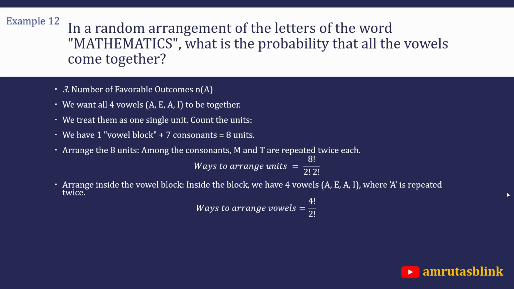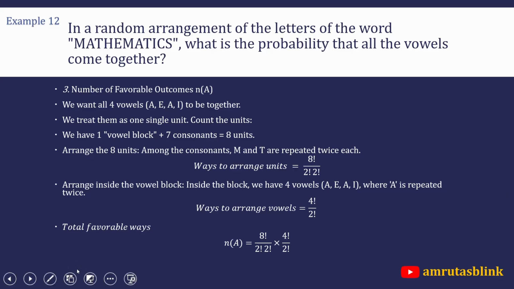So in how many ways can we arrange the vowels within this block? That is 4 factorial upon 2 factorial. Hence, the total number of arrangements in the event where all the vowels come together is 8 factorial upon 2 factorial into 2 factorial, into 4 factorial upon 2 factorial. That is, n of A is equal to 8 factorial upon 2 factorial 2 factorial into 4 factorial upon 2 factorial.